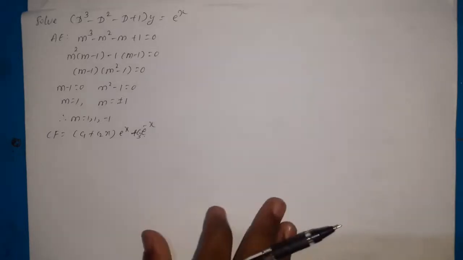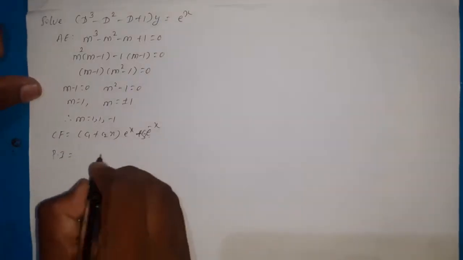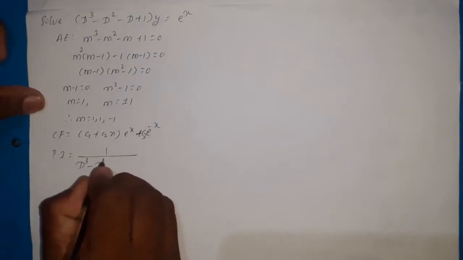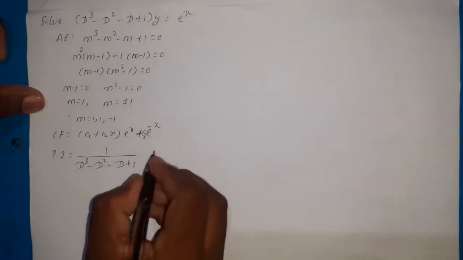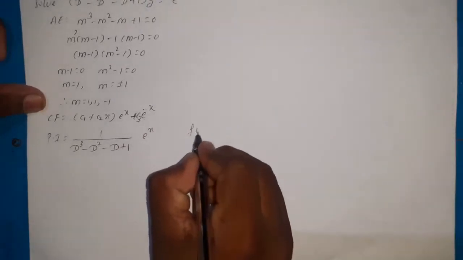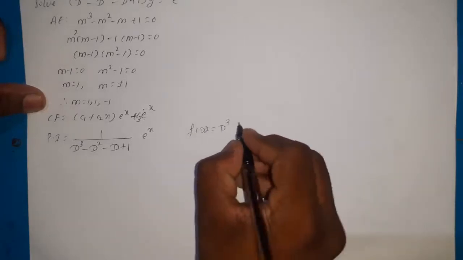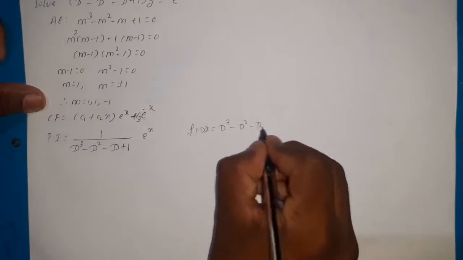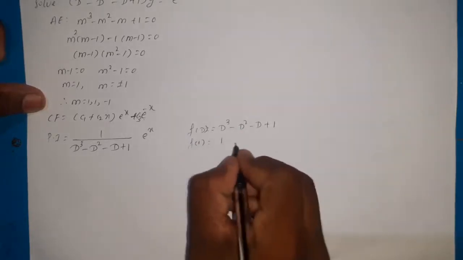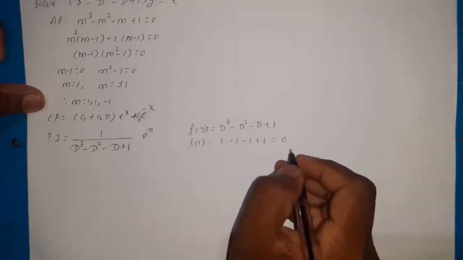Then the particular integral is 1 divided by (D cube minus D square minus D plus 1) e power x. Here f of D is D cube minus D square minus D plus 1, then f of 1 is 1 minus 1 minus 1 plus 1, which is equal to 0.